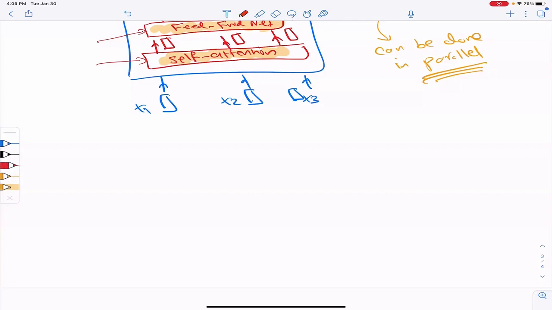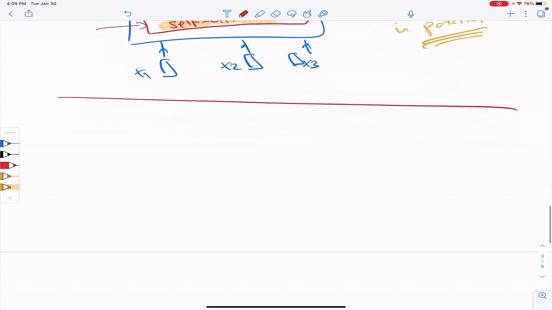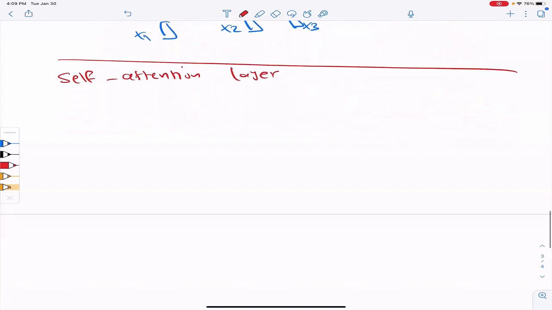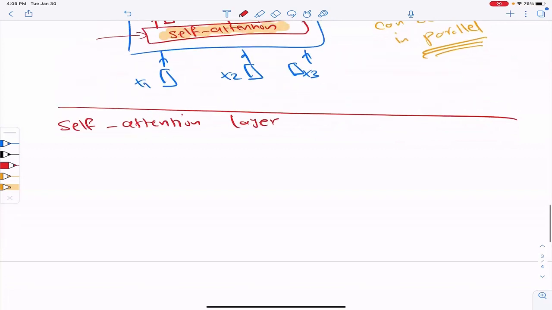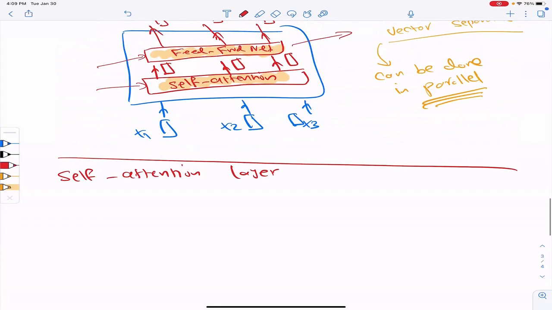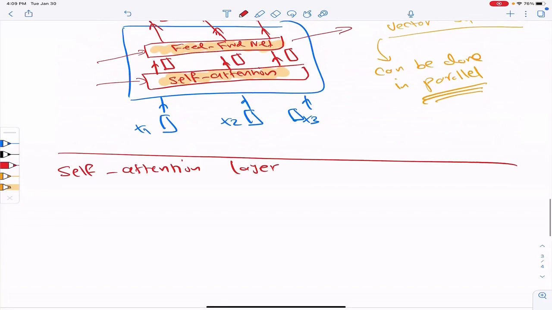All right, so the next part is the self-attention layer. I'm going to only focus on this part because the rest we know how to do.